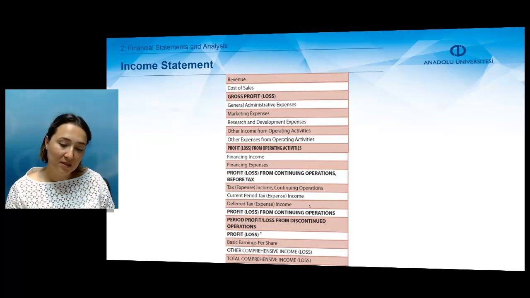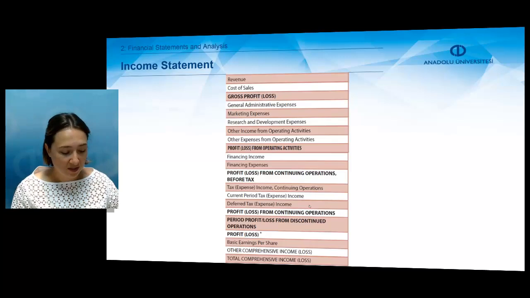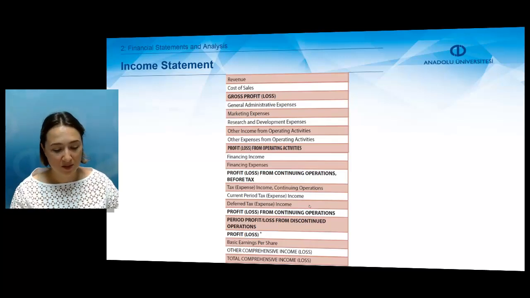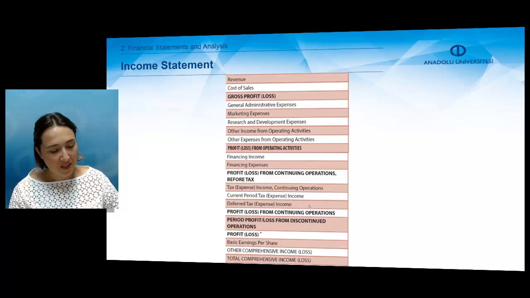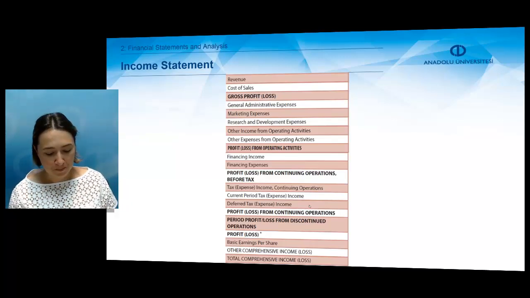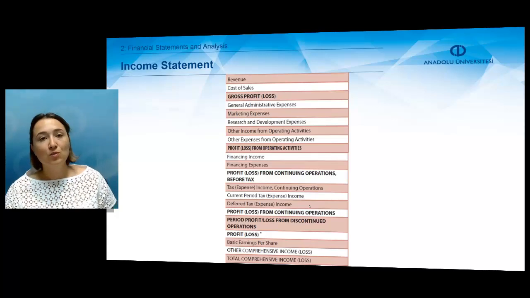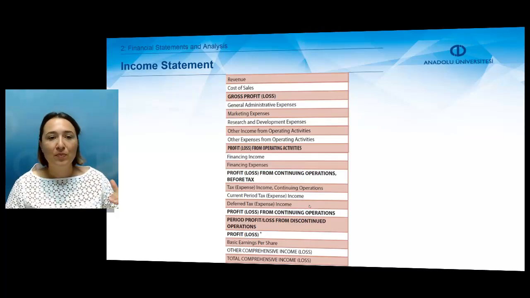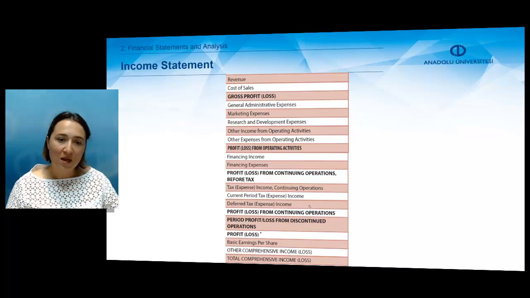The second financial statement is the income statement. An income statement is a statement which shows us the profit or loss. So it starts with sales revenue, and it continues with costs, associated costs and expenses, and associated earnings.